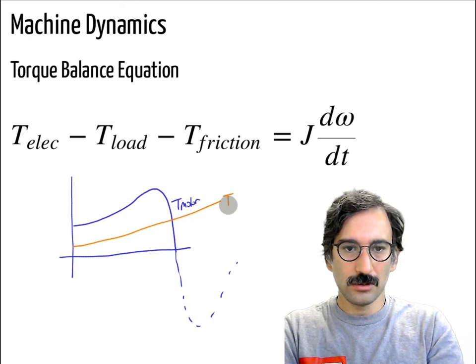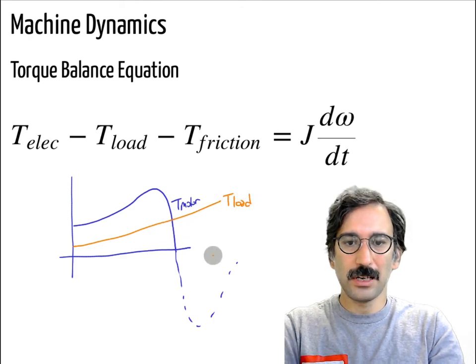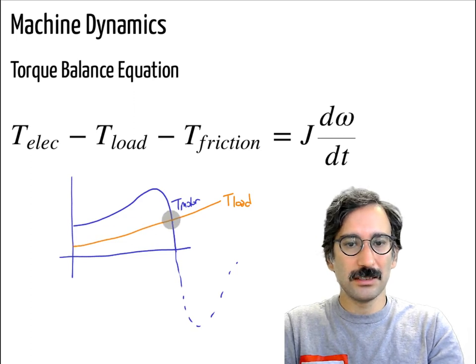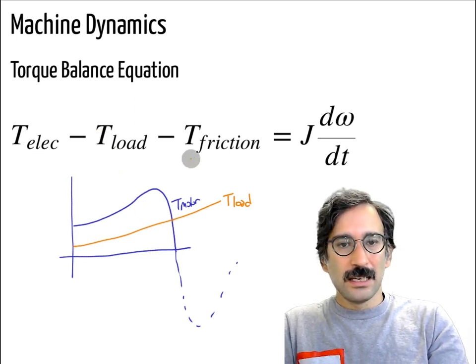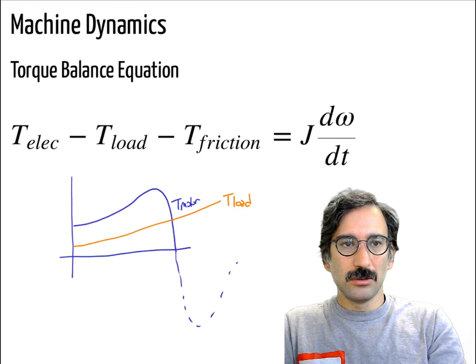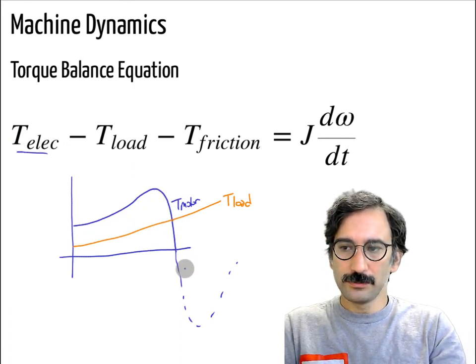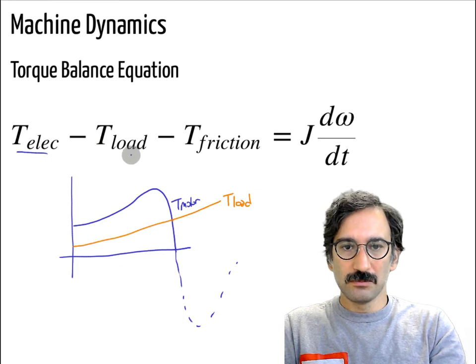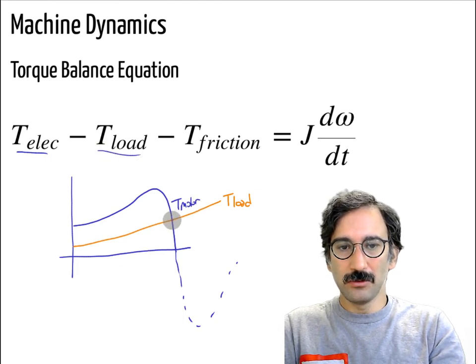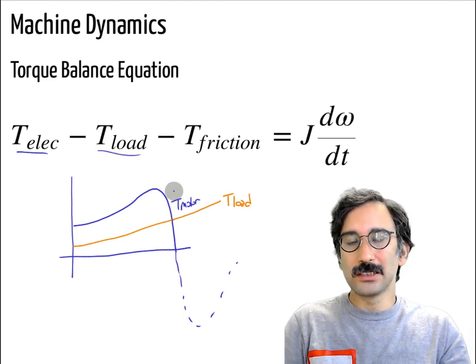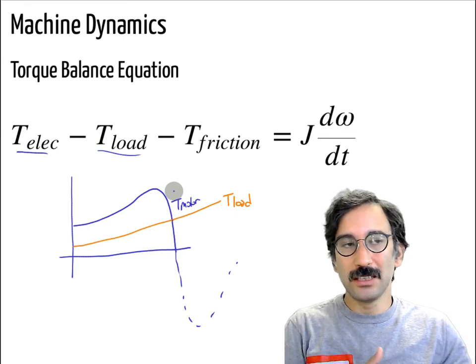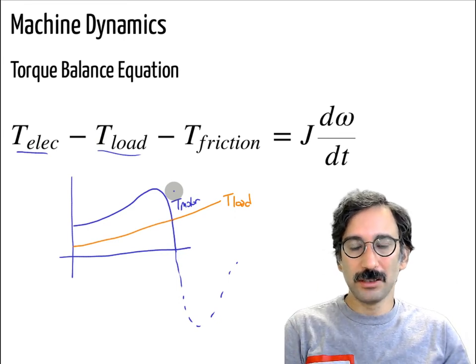So this is some kind of load. Maybe it is constant, maybe it's not. And again, what you need to do is you are generating some electrical torque, and your machine requires some kind of load that can be in the form of some weights. Maybe you are doing some other work.